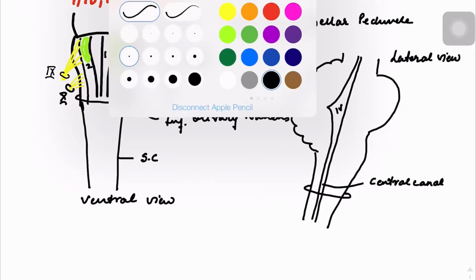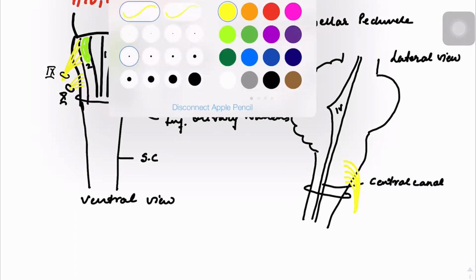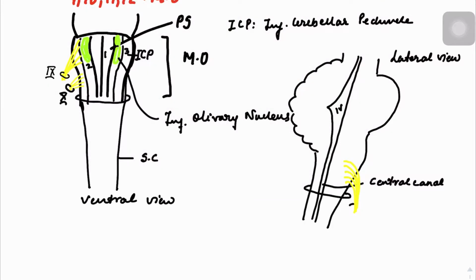So again, in the lateral view, I'll show you the nerve arises and comes down as rootlets. These rootlets form the trunk, that's the glossopharyngeal nerve.